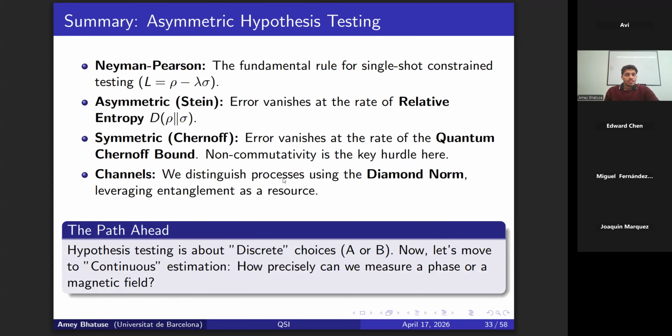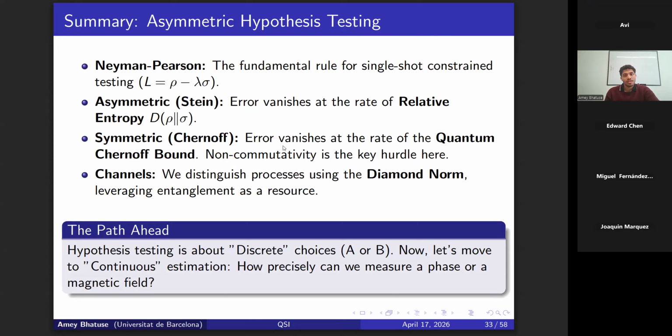Okay, with this we are once again at the end of another section, which discussed the Neyman-Pearson lemma, which told us that the fundamental rule for state discrimination is essentially a slice in the Hilbert space. Then we checked there can be two cases to suppress the type 1 and type 2 errors.